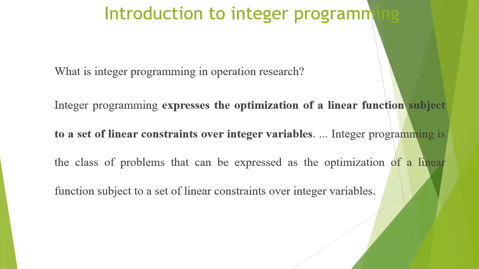Integer programming in operation research expresses the optimization of a linear function subject to a set of linear constraints over integer variables. So here, instead of continuous variables, we have variables of the integer type. Integer programming is the class of problems that can be expressed as the optimization of a linear function subject to a set of linear constraints over integer variables.